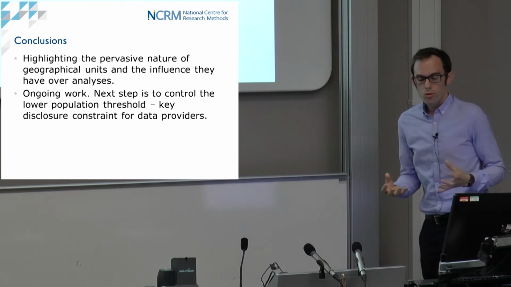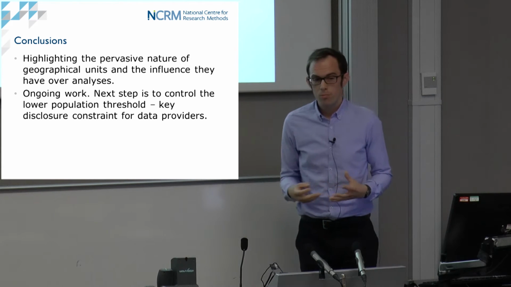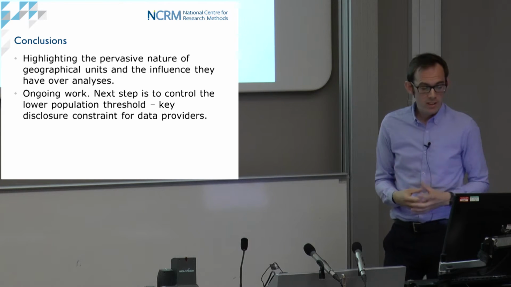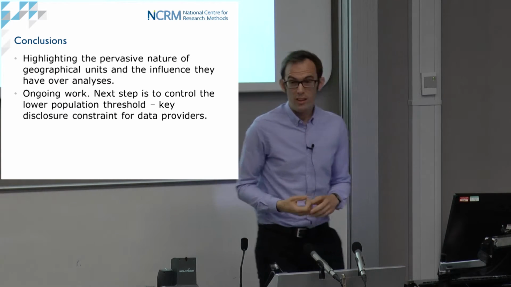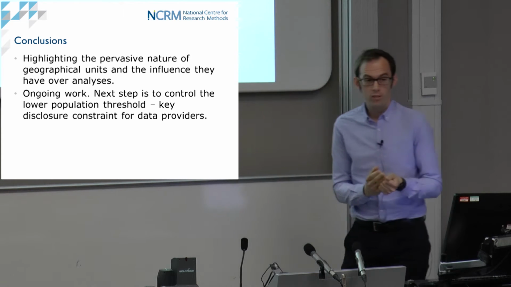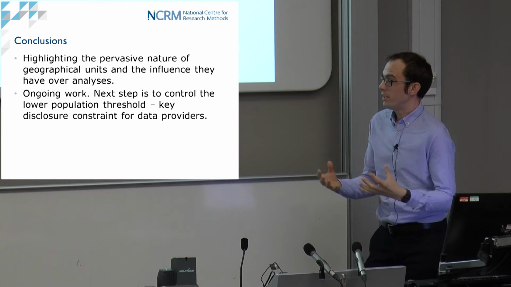First of all, this project is highlighting the pervasive nature of different geographical units and the influence that they have over analyses. We think that's really important, and that choosing the right geography for your research makes a big difference.